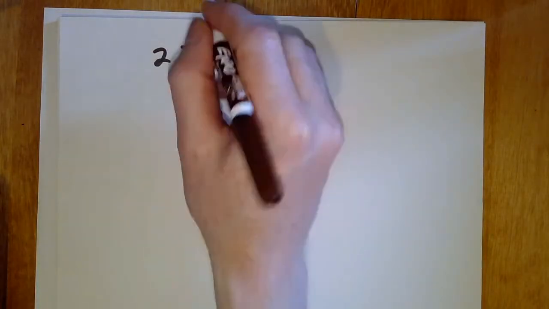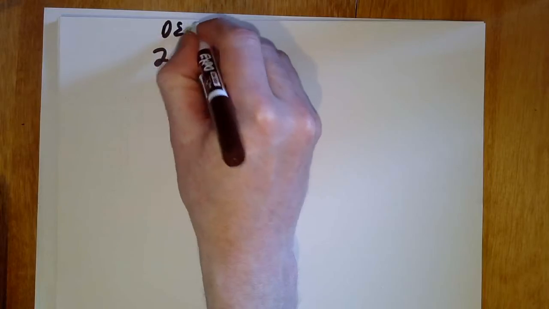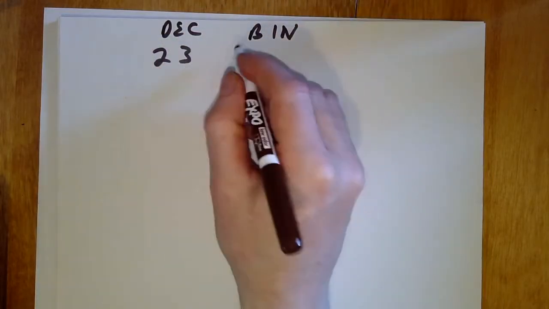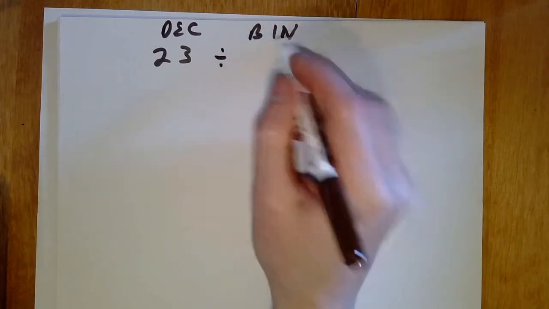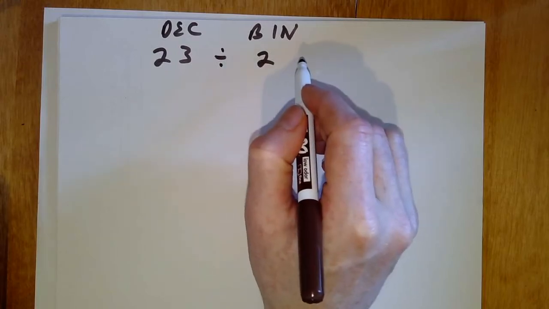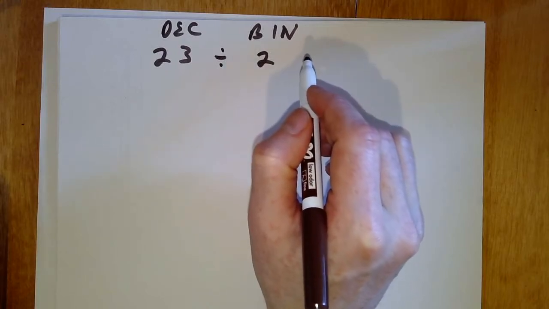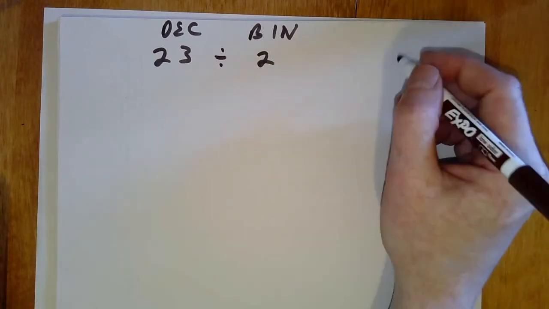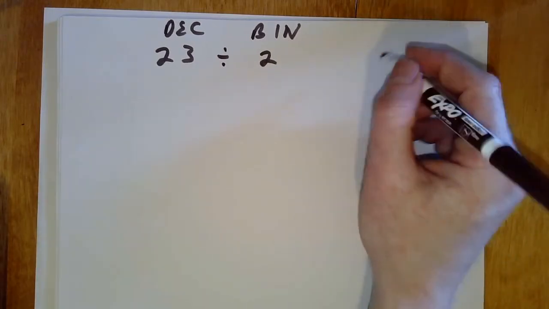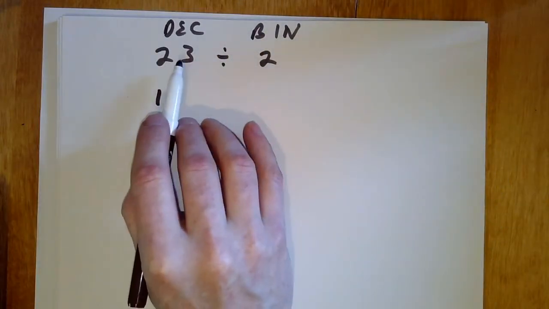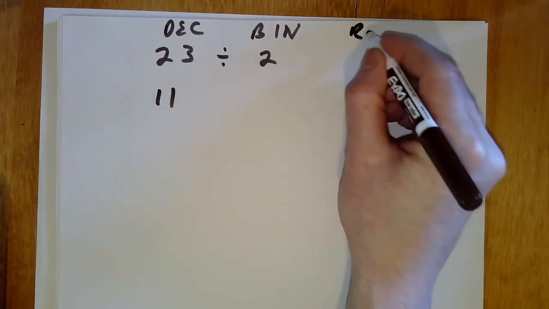So this is decimal, this is binary, and we can take 23 and divide it by 2 and figure out what the remainder is, okay? So 23 divided by 2 is going to be 11, right? And there's a remainder of 1. Does that make sense? So we've got a remainder of 1.